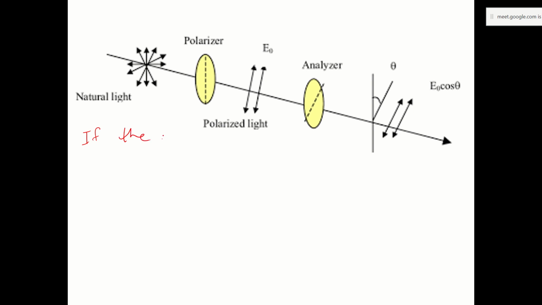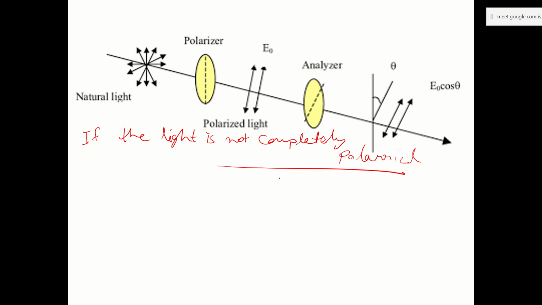So if the light is not completely polarized, or we say that it is partially polarized.